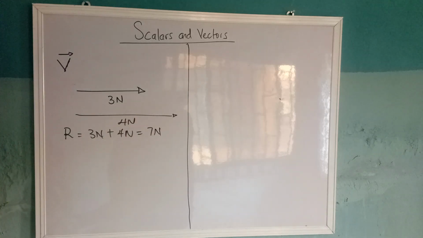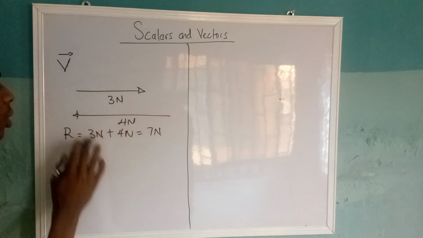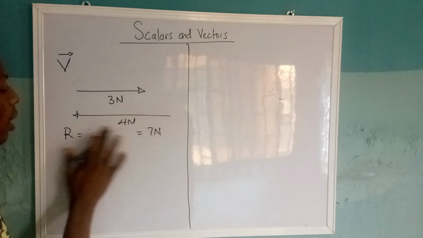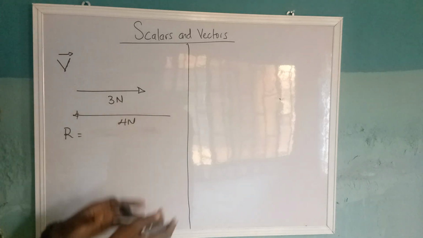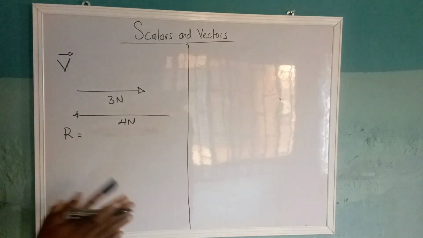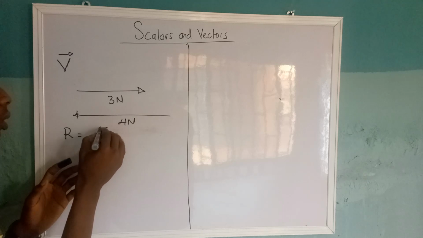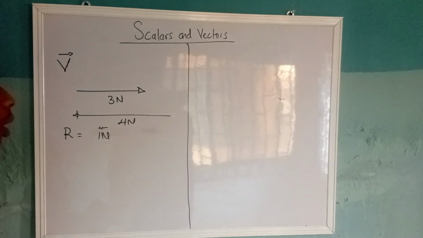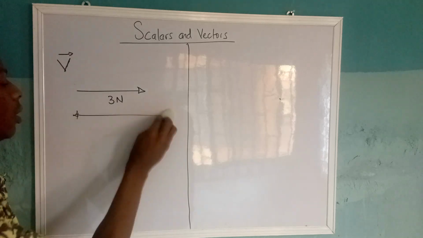Pretty simple, but we'll look at more complex ones. And let's say this is also facing the other direction. Since we have a 4 Newton force going this way and a 3 Newton force going this way, our resultant is definitely going to be 1 Newton, facing this direction.